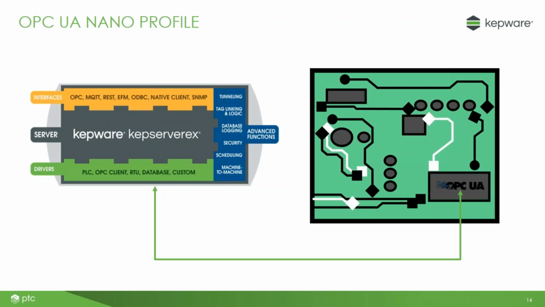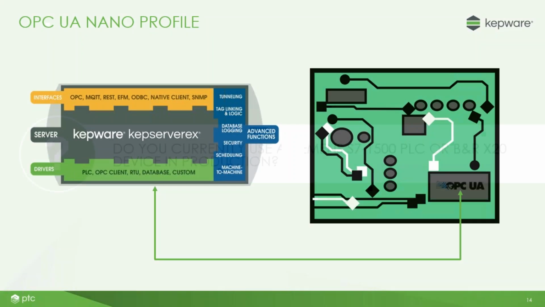We support the nano profile, so as UA gets picked up more and more in the market, and as people implement the nano profile, if you have KEPServerEX and the UA Client Driver, you're already enabled to use it. So imagine the OPC UA Nano profile being embedded on an Arduino device or Raspberry Pi device, or the equivalent for those devices which are hardened for industry. You can access that using KEPServerEX and the OPC UA Nano profile.